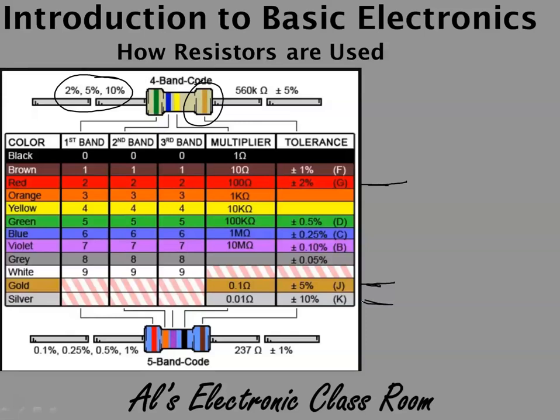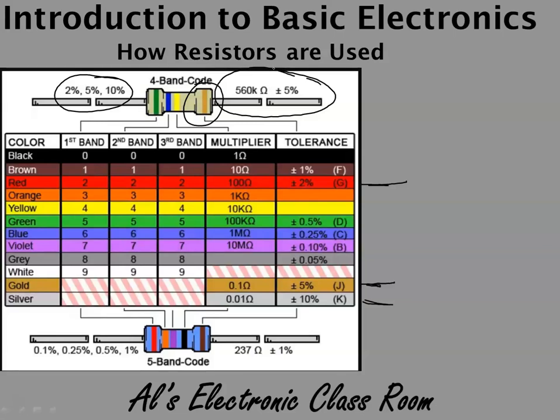Now, the posted value, or the colors that represent the value of the resistor we're explaining right now, is right here: 560 K ohms, plus or minus 5%.